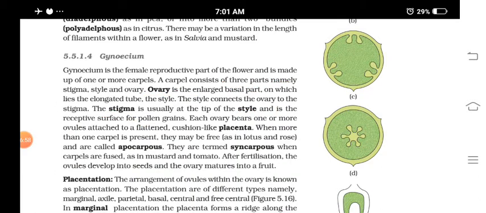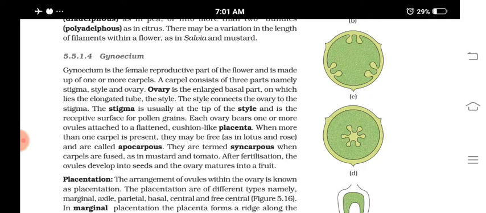The ovary is the lower basal part, in which you can see the ovules forming, isn't it? The style is the structure that connects the ovary to the stigma. And the stigma is usually found at the tip of the style. What is the function of the stigma?